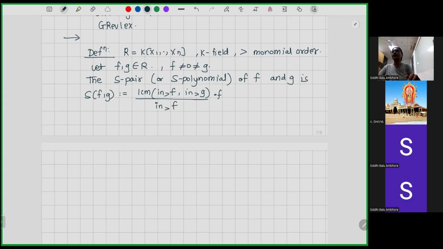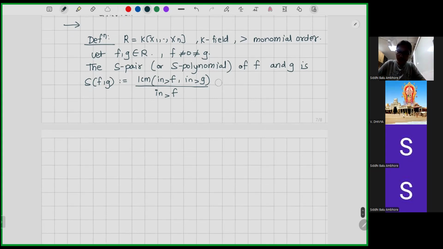And this is well defined, and this is in the polynomial ring, because here we have the LCM of the initial term of f and the initial term of g, and then we are dividing it by the initial term of f. This LCM always, for example, LCM of A and B: A always divides LCM of A, B, and B also divides LCM of A, B. So that's why this is well defined.